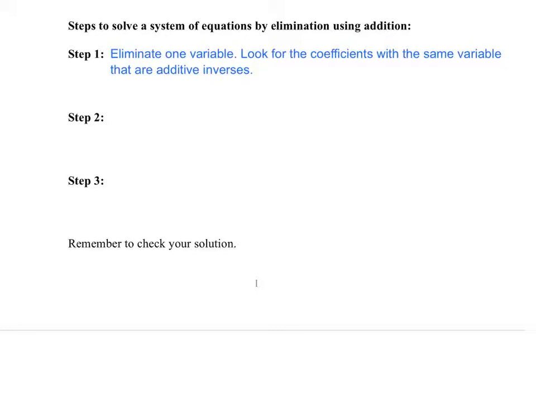So what does that mean? An example of that would be a negative 2x and 2x. A negative 2x and a positive 2x are examples of additive inverses. They have the same coefficient, both 2, same variable, but one is a negative and one is a positive.